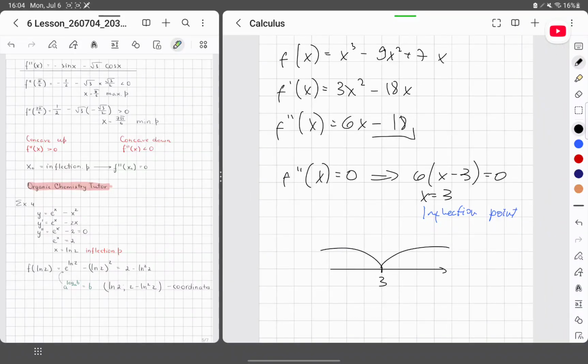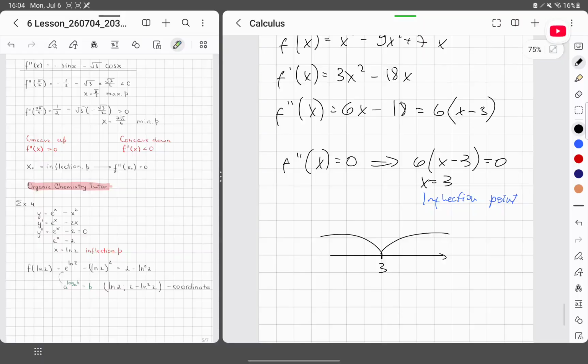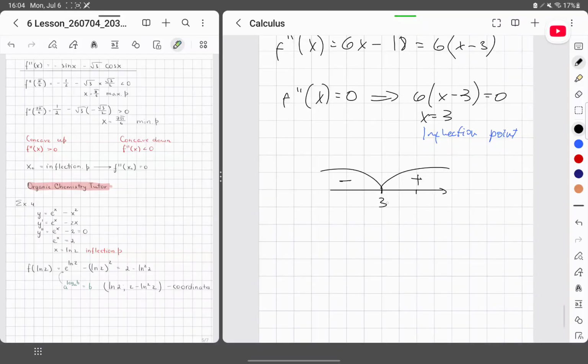Let's simplify it like this. If we put a positive number like 4, which is next to 3, that will be positive. And if we put a negative number, it will be negative. That's positive, and this one negative. So our inflection point is 0.